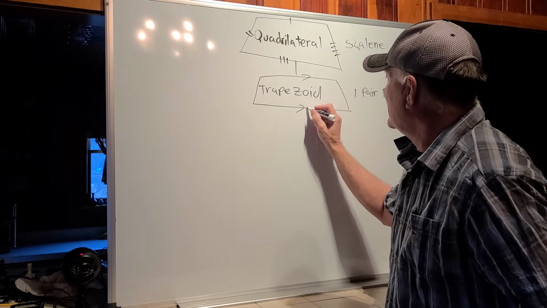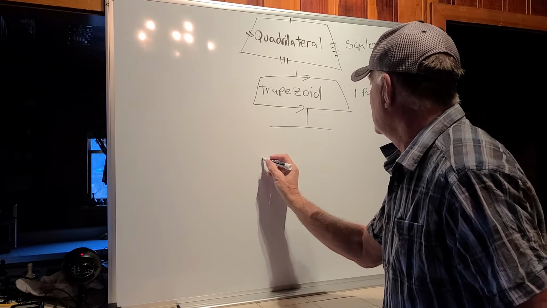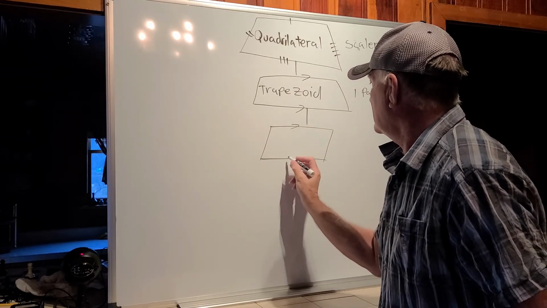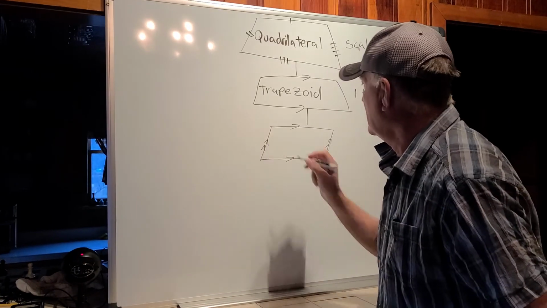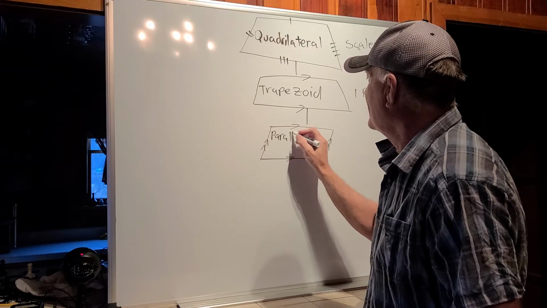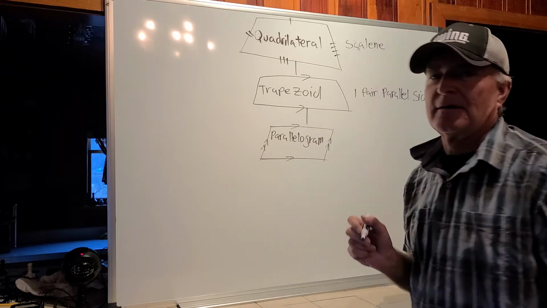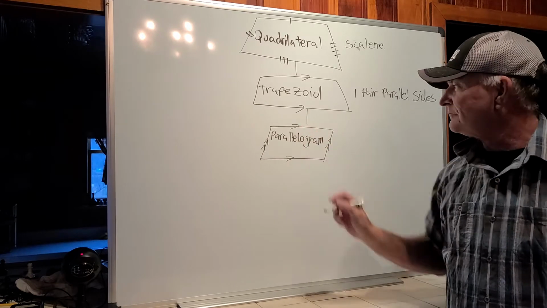From there, we can make two pairs of parallel sides. And we call this a parallelogram. Okay, parallelogram has opposite sides parallel.